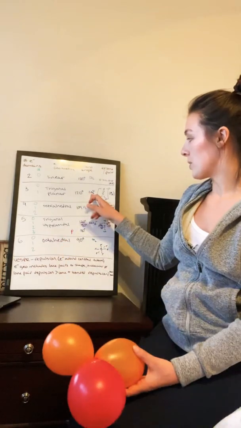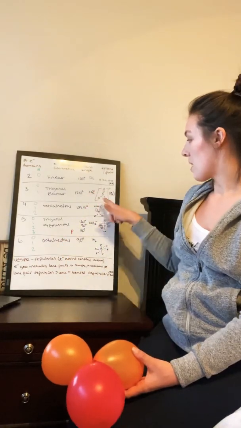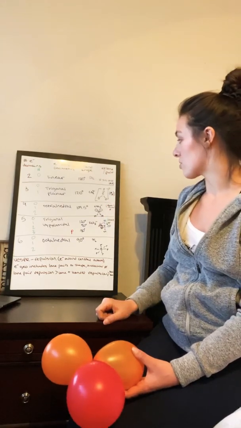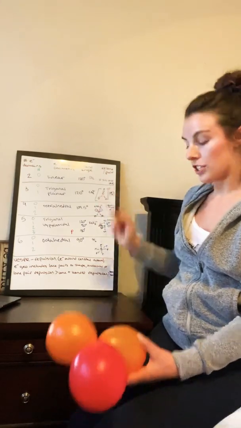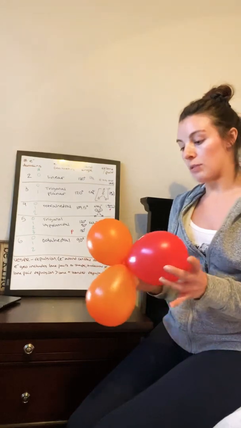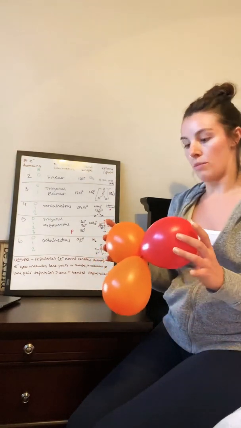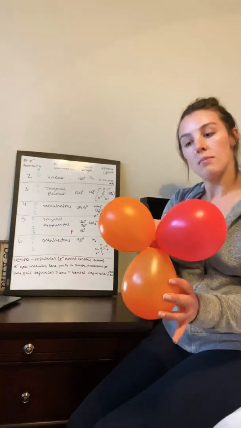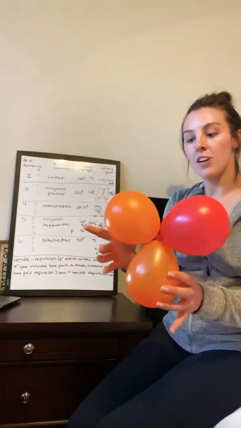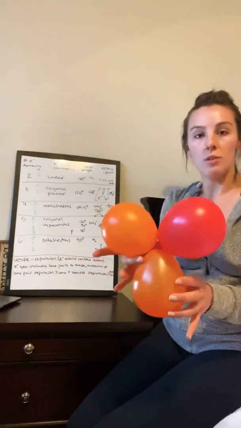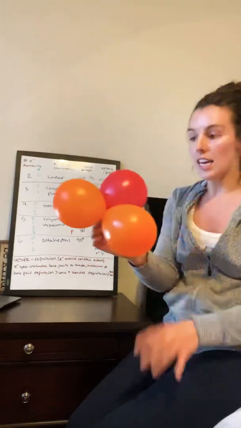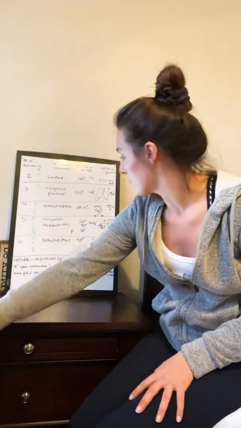My example was CO3 2 negative. I have it drawn right here with no lone pairs of electrons, and the overall charge is still 2 negative. I think the balloons do a really good job of showing repulsion and the bond angles, because with them being narrower and then getting fatter, they naturally want to repel and be as far away from each other as they can. So they naturally get into almost those shapes.